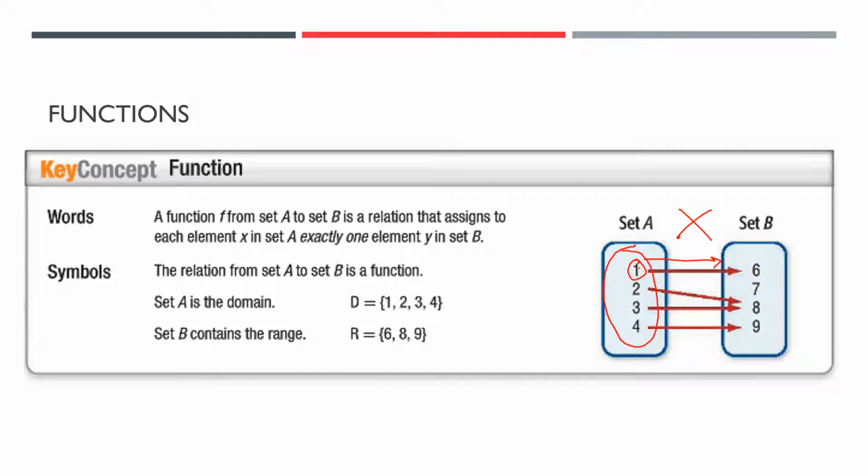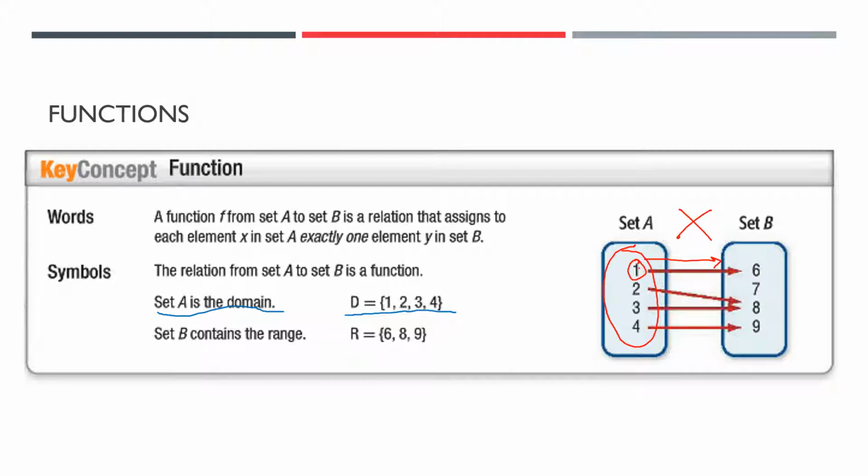Also, if we deal with domains, okay? So set A is the domain. This is how we often will write it: D equals, and then we have to use these braces because we're listing numbers. Remember that the parentheses and the brackets mean that every single real number between those values is okay.